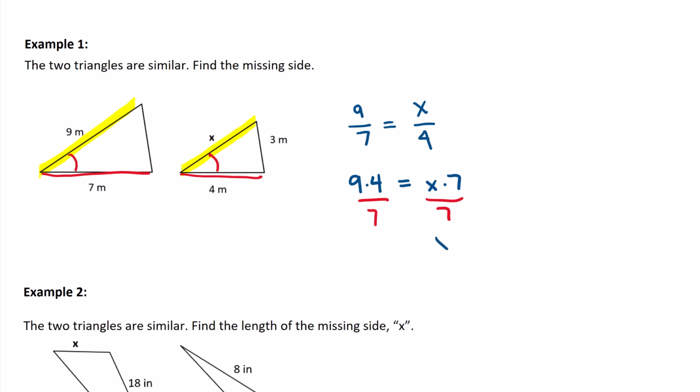This will give me x is equal to 9 times 4, which is 36, divided by 7. This does not reduce, so you could write it as a decimal, but the unknown side's exact answer is 36/7.